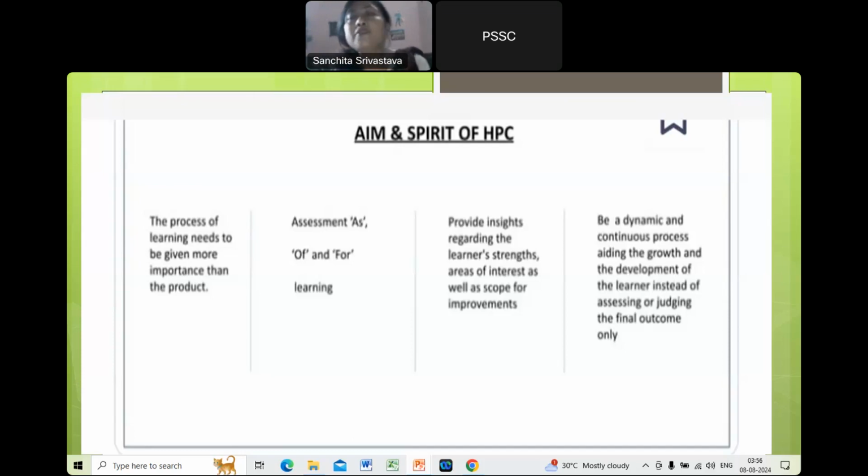Now, what is provide insight regarding the strength of the learner? That means what? It is not only the responsibility of the counselors to individually analyze, but when we are doing the holistic progress card, whoever teacher is responsible for that particular group of children, I mean the class, has to analyze the child. But how do you analyze the child?